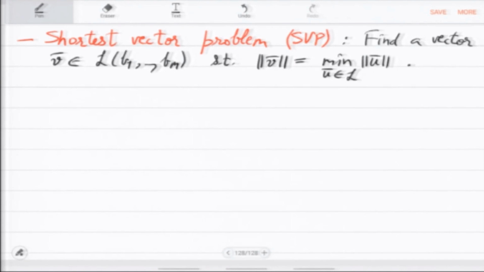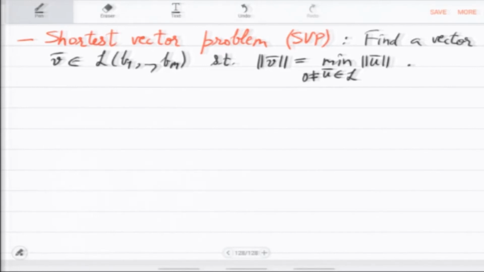So over all the vectors available in the lattice, the smallest norm, obviously excluding 0. 0 is always there. So the smallest positive norm. That is the SVP question. It may not be immediate, but this is a very hard question.